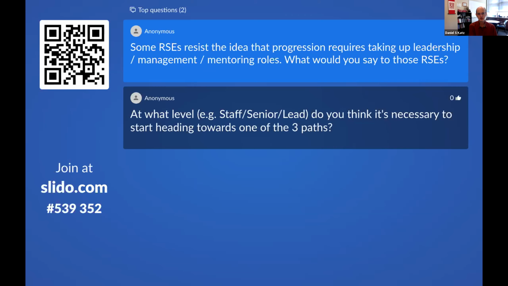But some people want to go on and become a center director or a department chair or a dean or something else. So it's not that there's something bad about stopping at a particular level, but we want to create opportunities for people that do want to move past those levels and try something different at some point in their career.